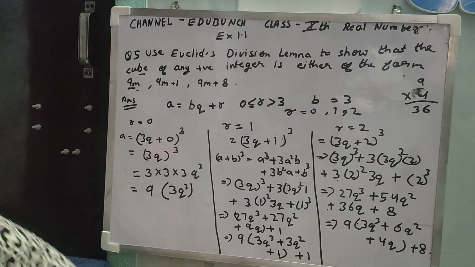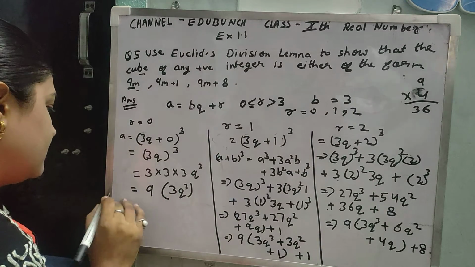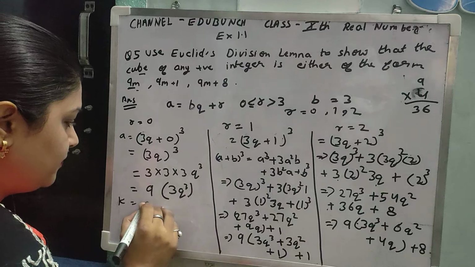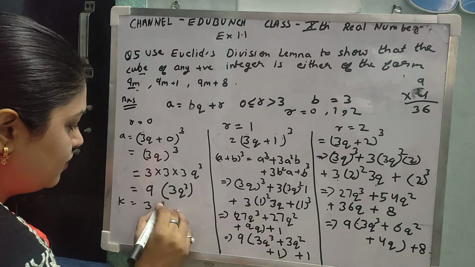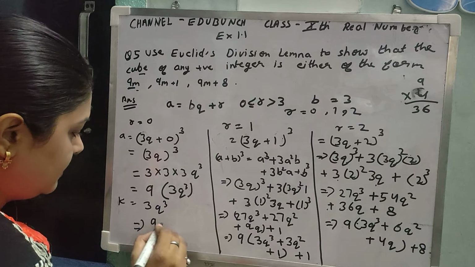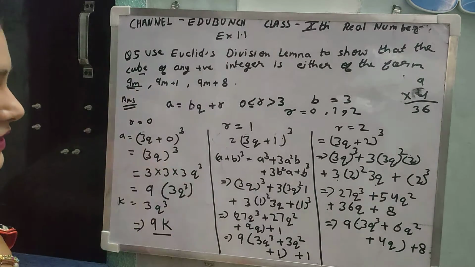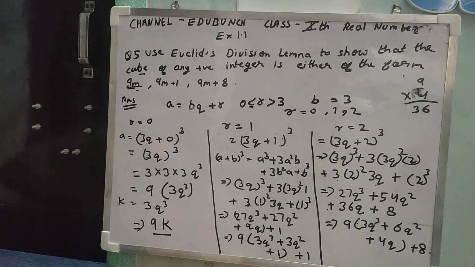Here we are just taking k equal to 3q cube, so the value is 9k, which is a simple digit, because m is any number.